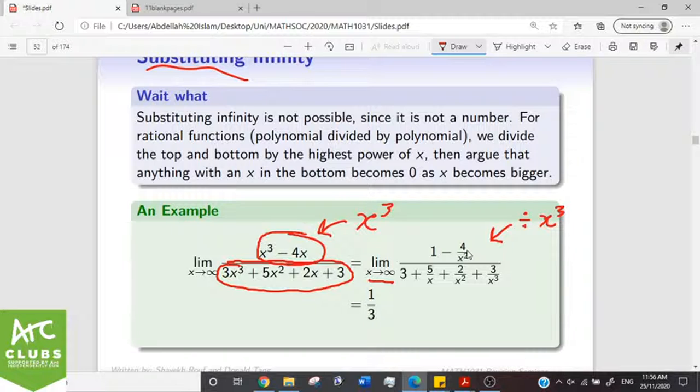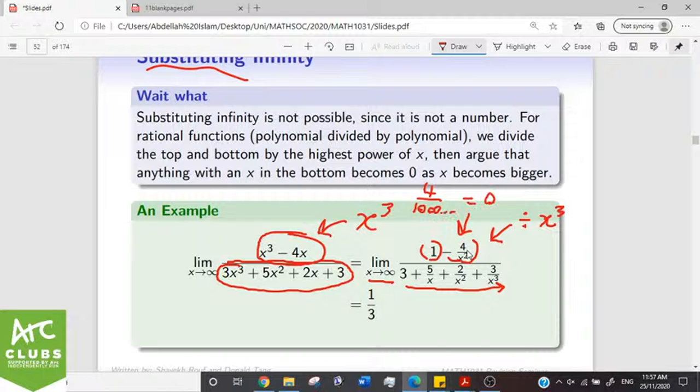Dividing x cubed by x cubed gives us 1. Then minus 4x divided by x cubed gives us minus 4 on x squared. Similarly, we do it for all of the terms on the bottom. Now we take the limit as x goes to infinity. Well, 4 on x squared as x goes to infinity, 4 on a really, really large number, will basically be 0.